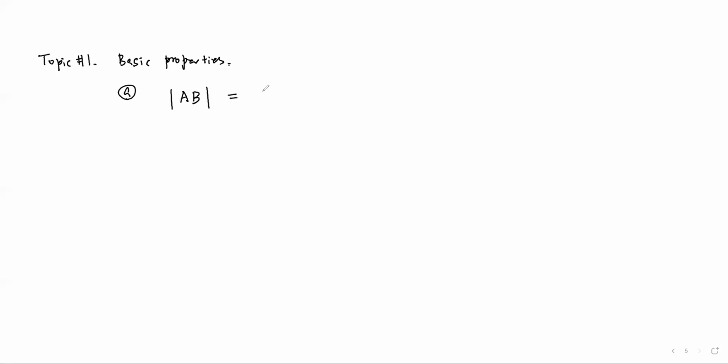It is equal to determinant of A, a number, times determinant of B. Property number one, we often use this property. Determinant of a product is product of determinants. Yeah. Good. Very powerful property.